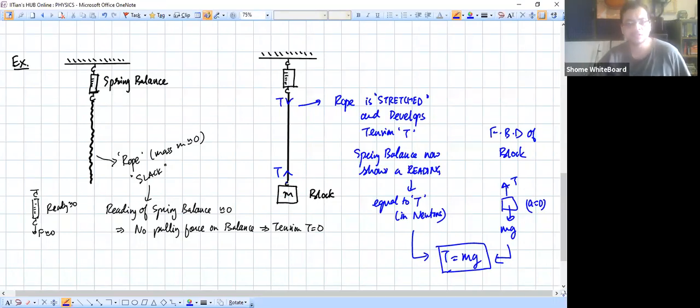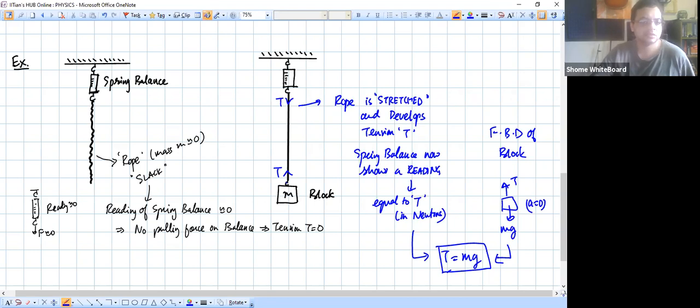Gravity is an example of a non-self-adjusting force. Gravitational force does not adjust according to other forces.